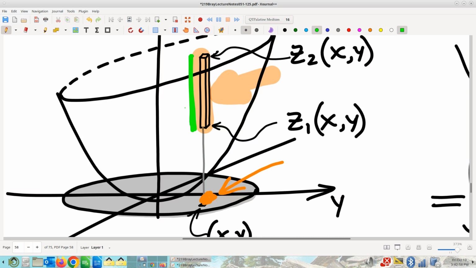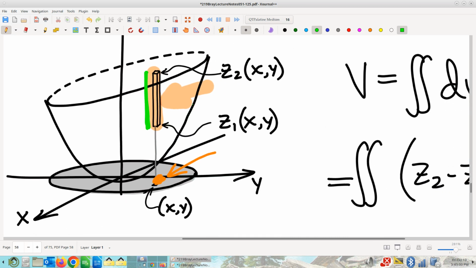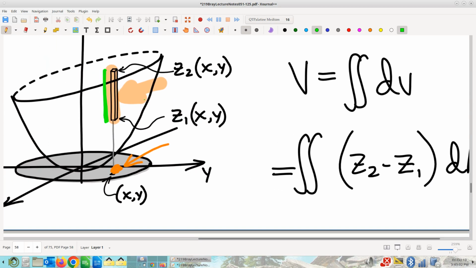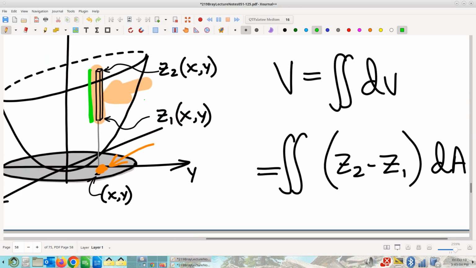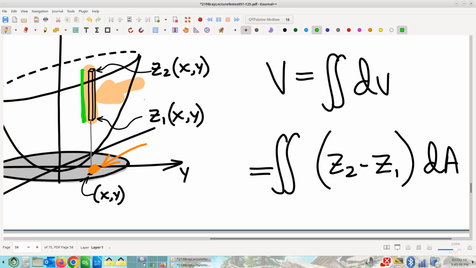So forget about this. Again, this idea of the area under a graph doesn't really help us here. But what I can totally say, and I kind of regret my color choices here, let me make this blue.